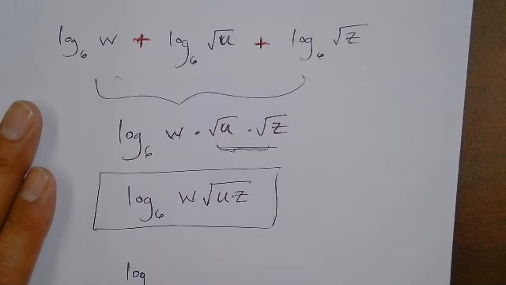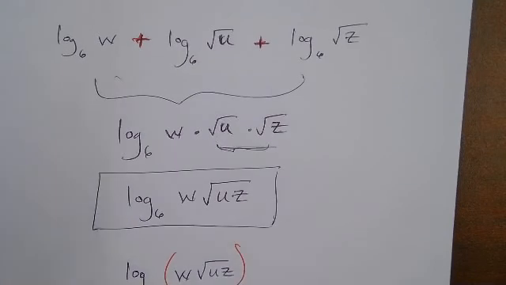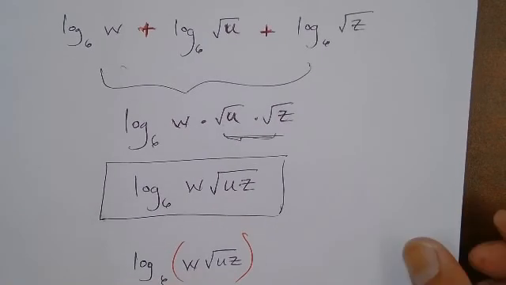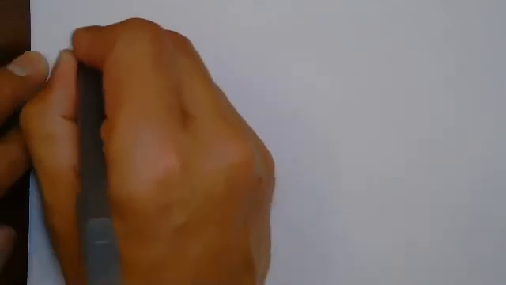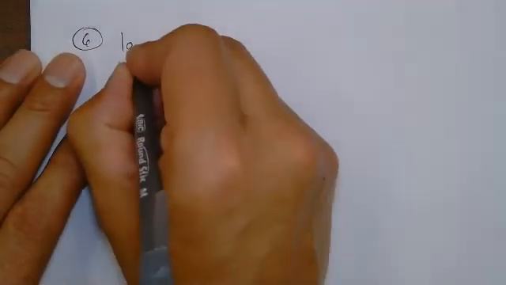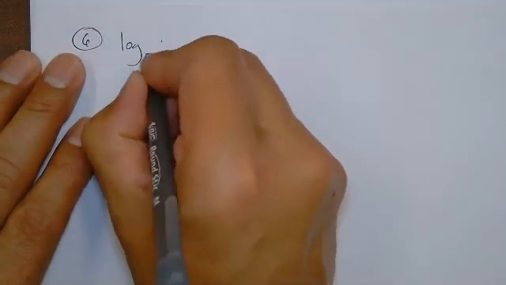So this is correct. That's the final condensed form. And again, the book or the answer sheet will put parentheses like this, but it's the same deal, right? Same deal. Questions? We're good? Okay, 6.